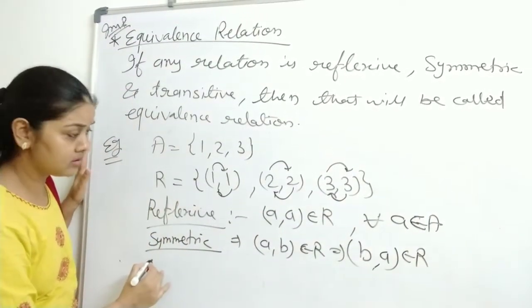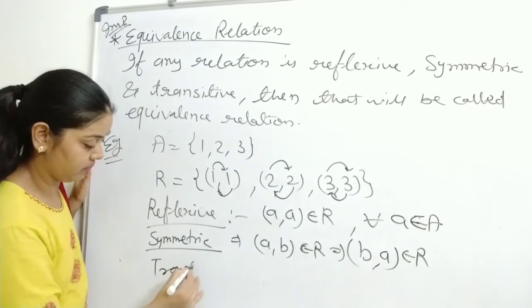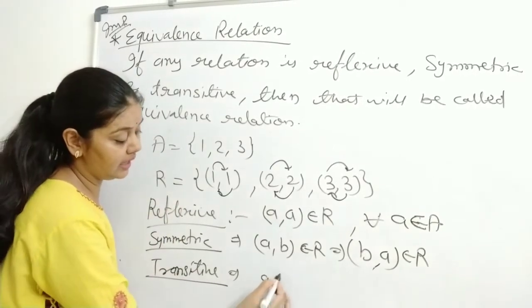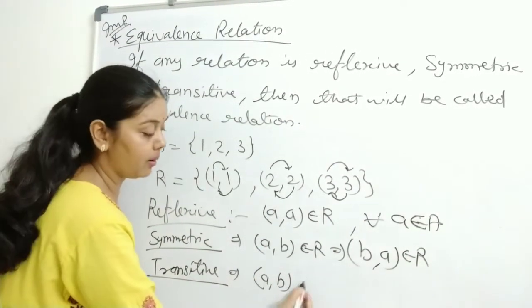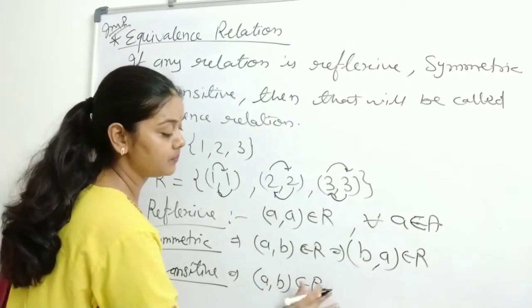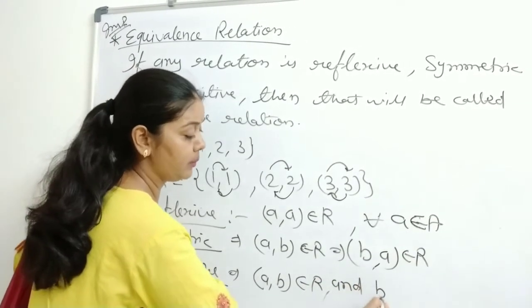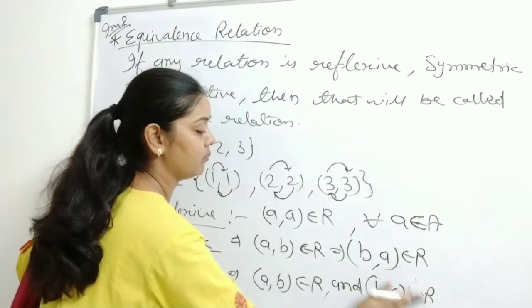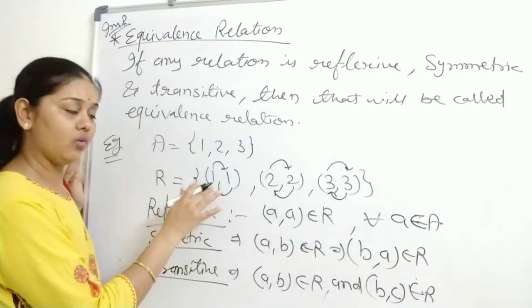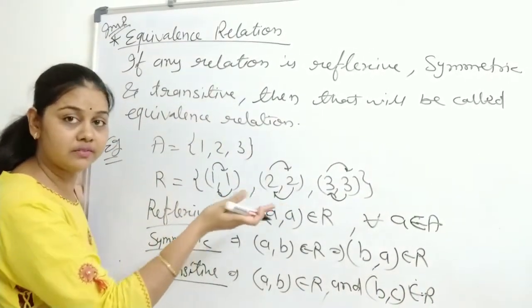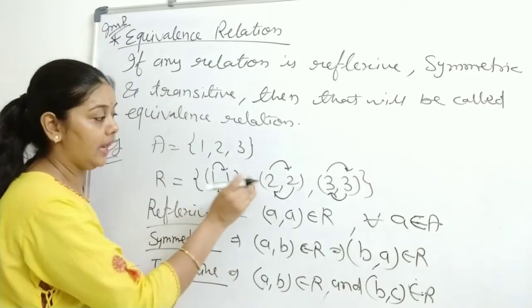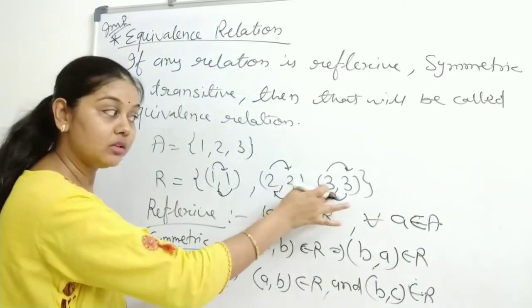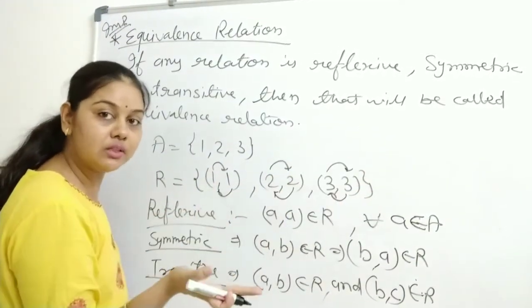Third one is transitive relation. For transitive, we need a condition: (a, b) belongs to R and (b, c) belongs to R. But look at here, I am having (1, 1), but 1 is not related with anyone else. (2, 2), but 2 is again not having relation with anyone else. (3, 3), but 3 is not having any relation with anyone else.